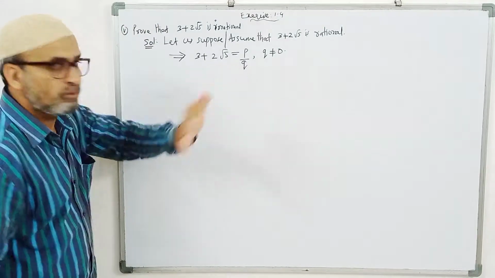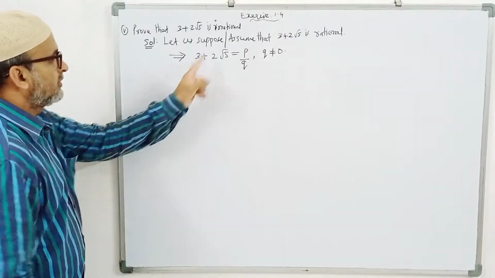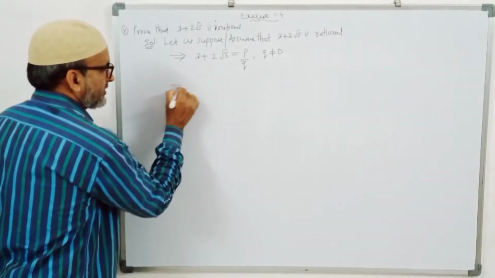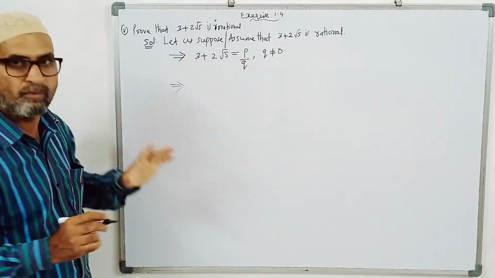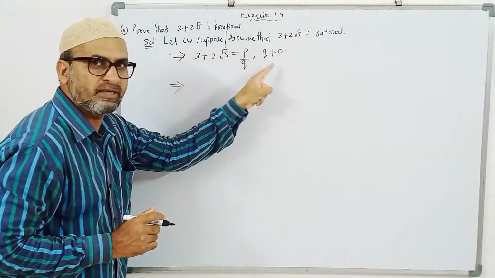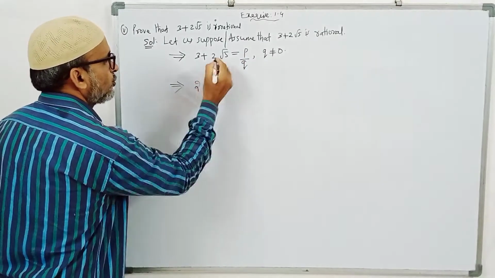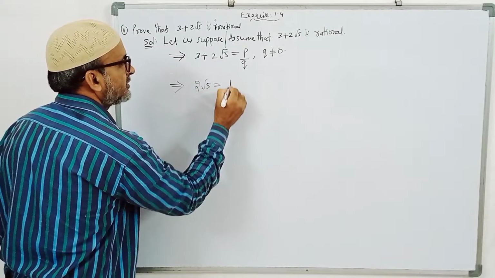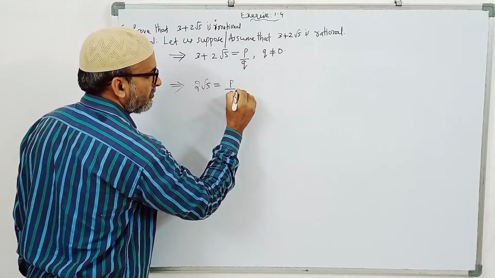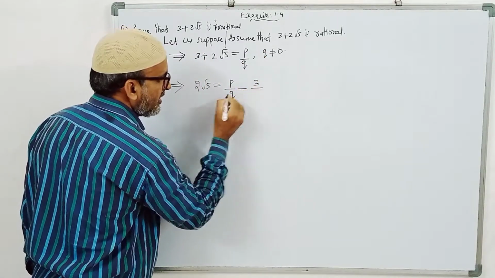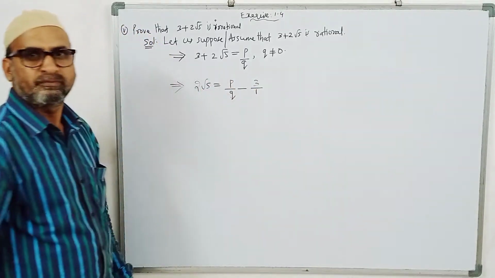In the place of Q, 0 should not be there. Now implies, this is without root number, this is also without root number. Take the plus 3 to that side.